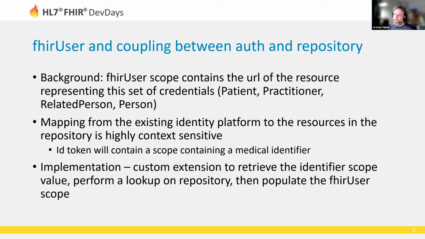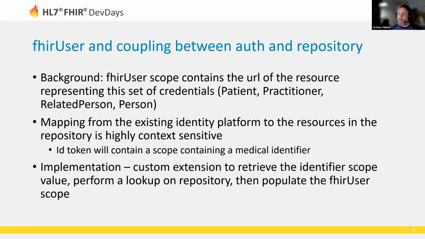So the biggest part of that is, if you've got an existing identity platform that they're not going to make Smart on FHIR compatible, you've got to figure out how you are going to map from that into your repository. And especially in this environment, they didn't want to make any changes there.